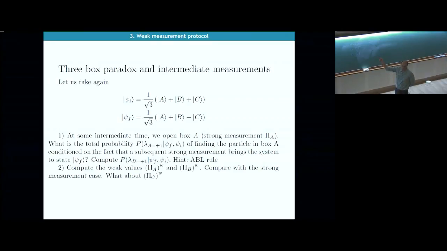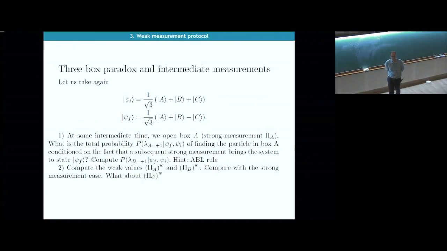So initial state, final state, and we want to open box A by making a strong measurement. That's the first question. And we want to compute the probability of finding the particle in box A. So this is the projector, and now we have eigenvalues, well, 1 and 0 of the projector.